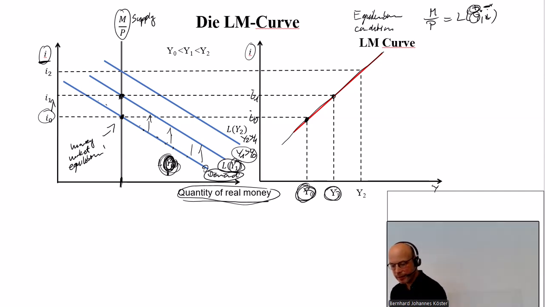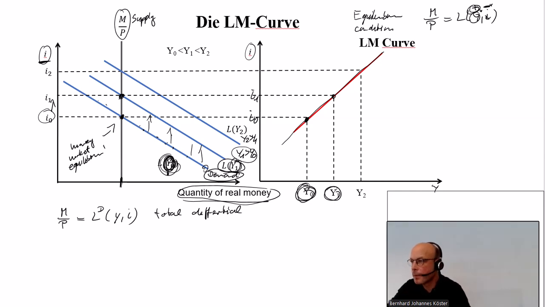Overall, we obtain then an increasing dependence from the money market between interest rates and income. Let's do it analytically. There we have M over P is LD depending on Y and I. Again, the total differential would mean we have to calculate the change of real money. But again, real money is set by the central bank since prices are fixed.